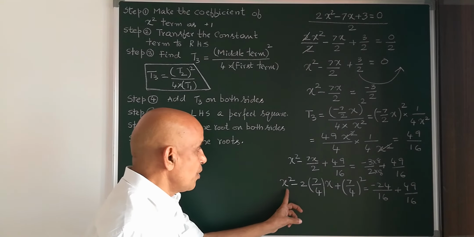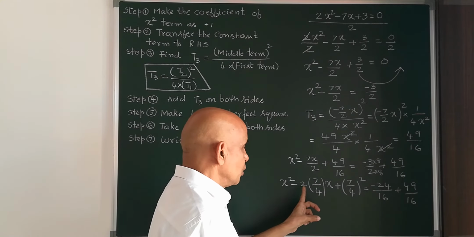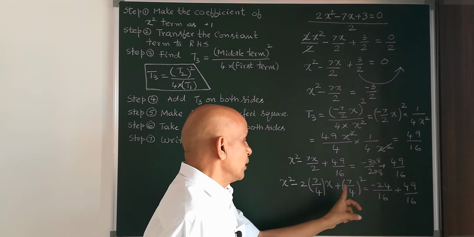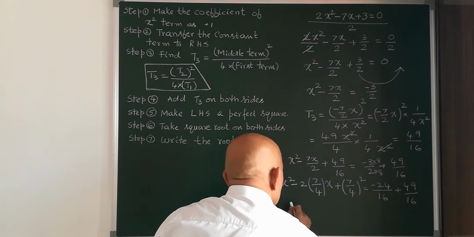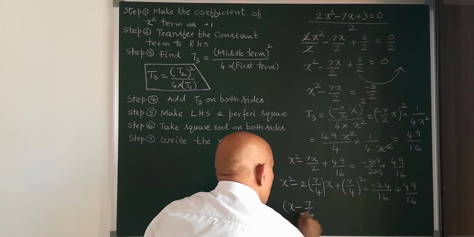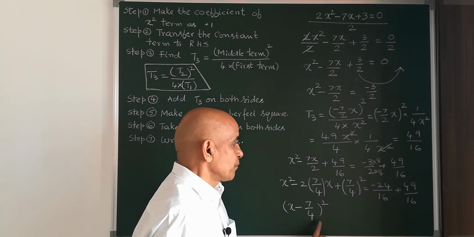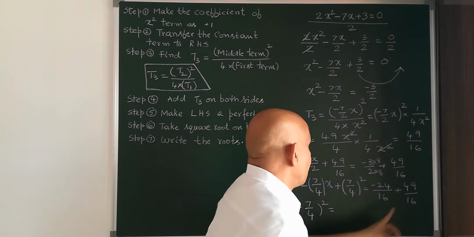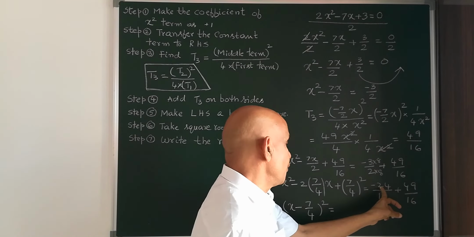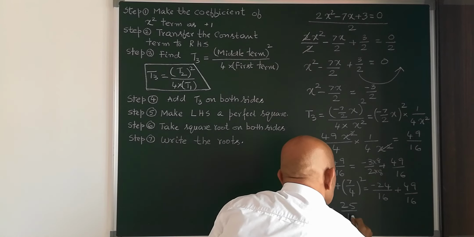Now this is in the form of a square minus 2ab plus b square, which can be written as x minus 7 by 4 whole square, a minus b whole square, equal to 49 minus 24, which is 25 by 16.